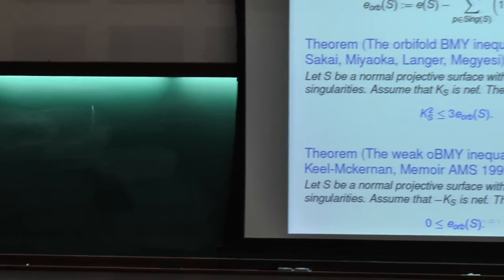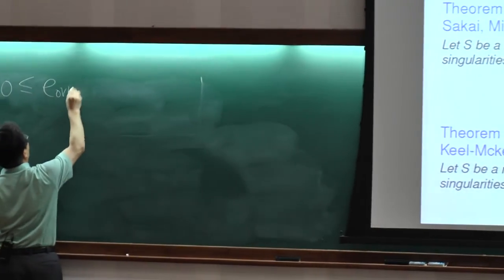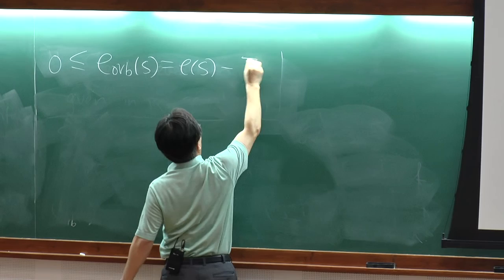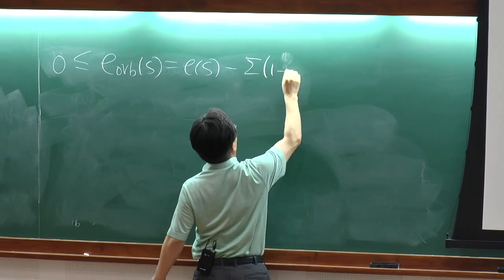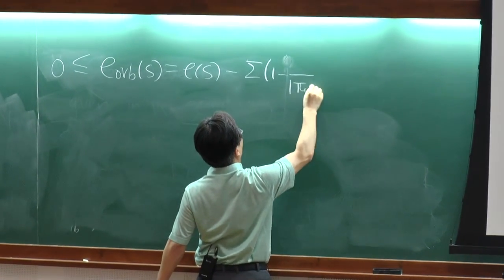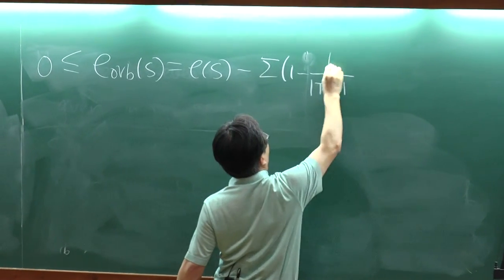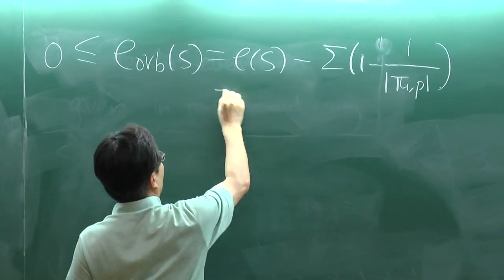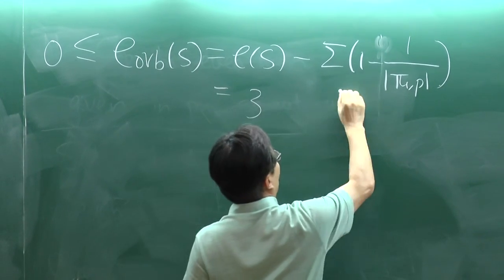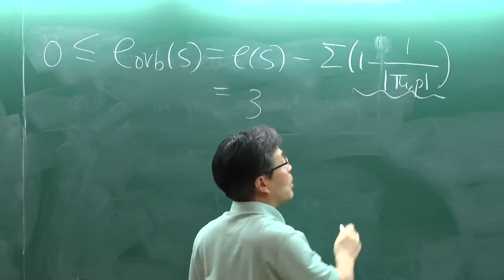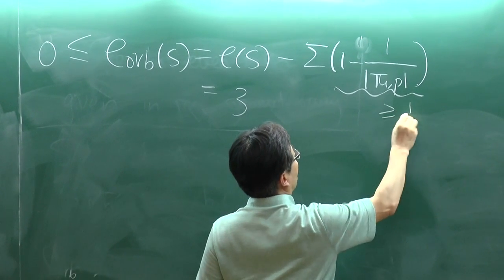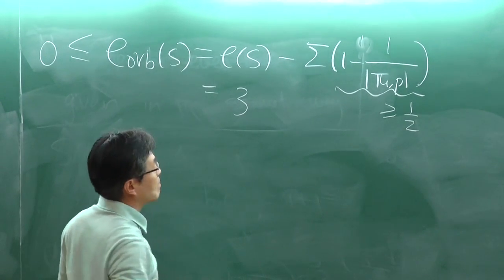So bigger than the orbifold, this is 3, and this number is at least 1/2.